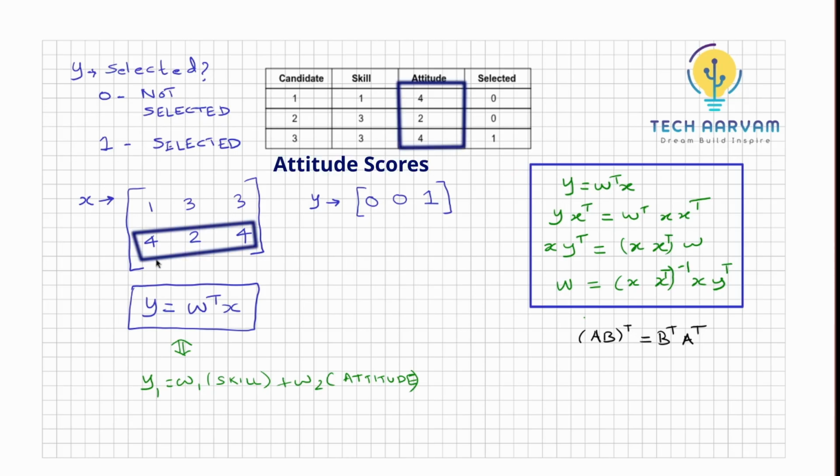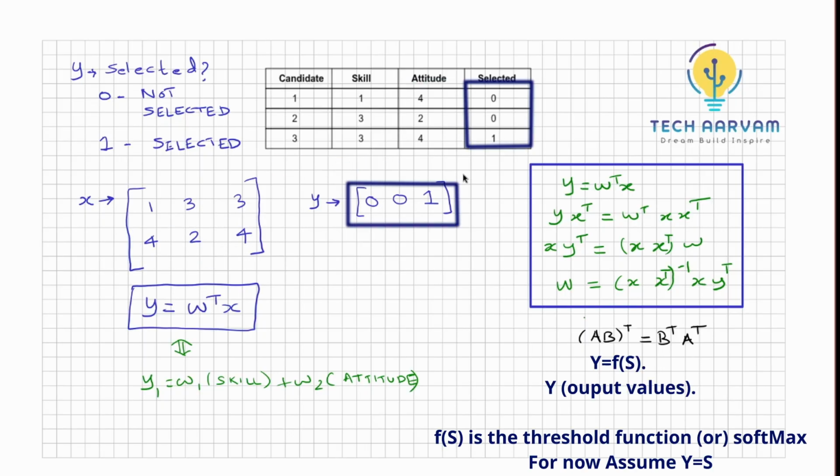The second row corresponds to the attitude scores. Y is a 1 cross 3 matrix here, 0, 0, 1. That is basically our final decision. Okay, y equal to W transpose x.